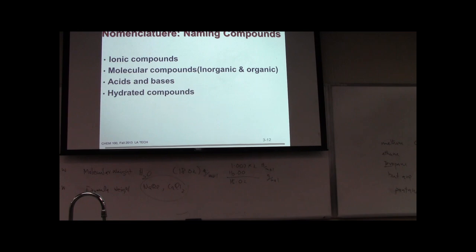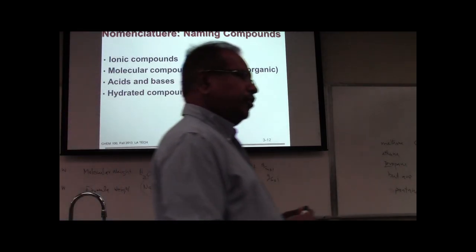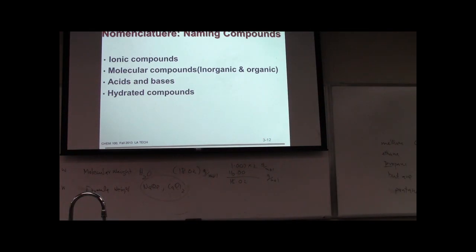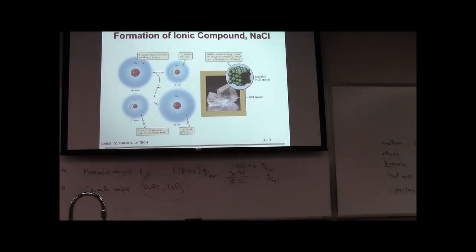For example, copper sulfate, we call it pentahydrate. You put a dot in between, and you call it pentahydrate. Even molecular compounds can have hydrates, right? What is a hydrate? A compound with extra water. Hydra means water, okay? Extra water. So we're going to look at this now, starting with ionic compounds.